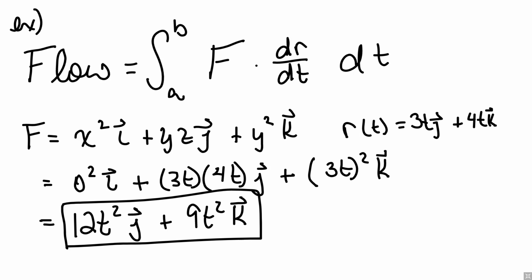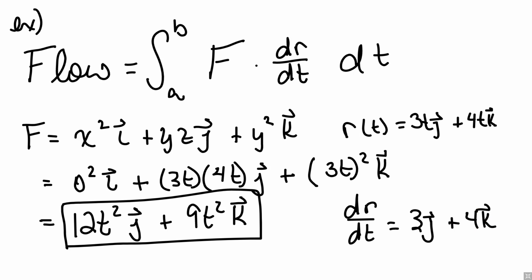Now, the other piece we need, based on the formula, is dr dt. What would dr dt be equal to? Three in the j direction plus 4 in the k direction.